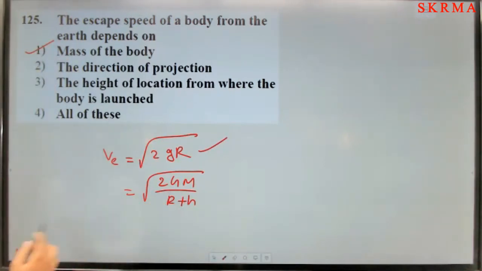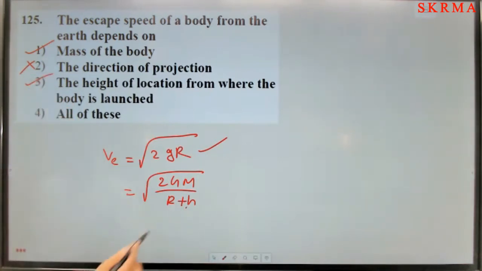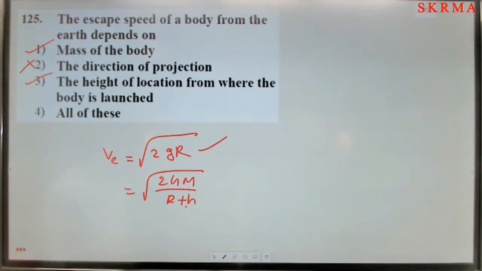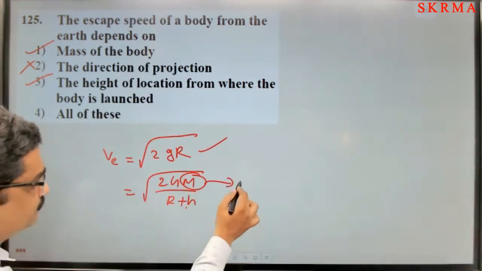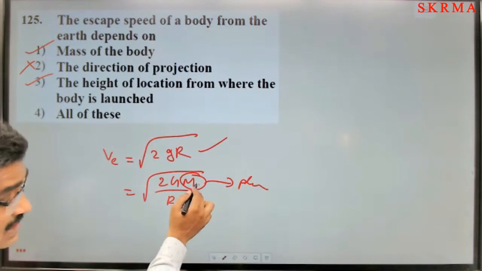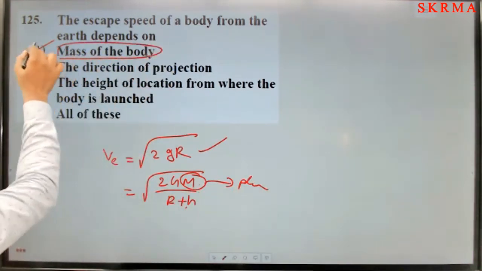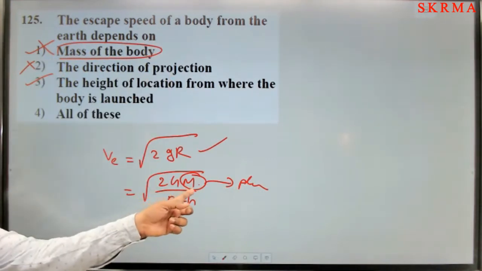Direction of projection, it won't depend. Height, it will depend. So this is a mass of the planet only. This is not a mass of the projecting body.